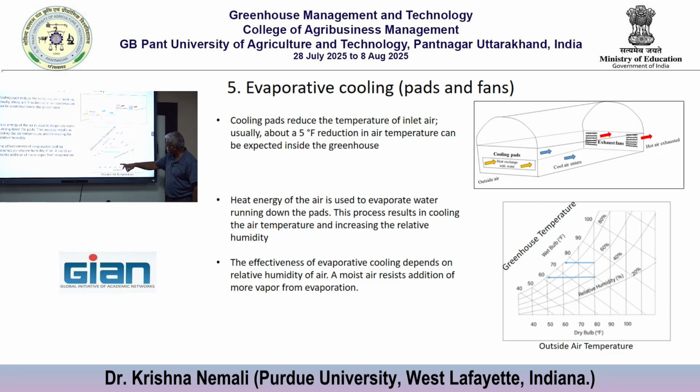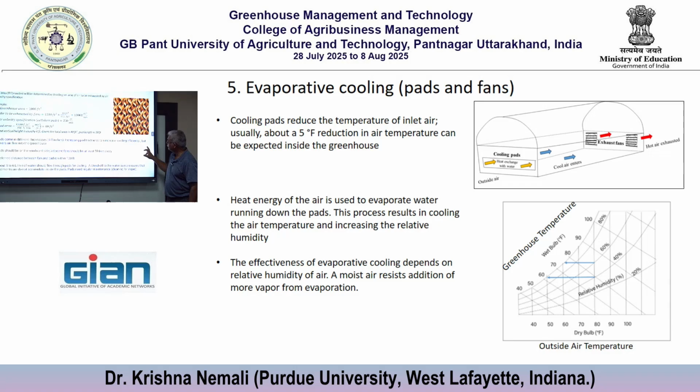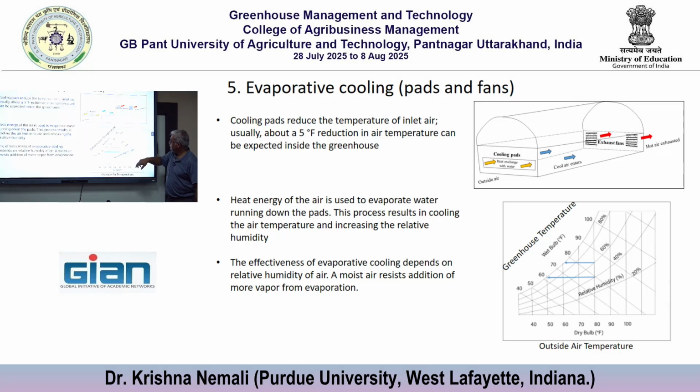But let's say the same air, outside is at 80, but the humidity is 60% now, the inside temperature is going to be 70 degrees, not 60. So it is not just dependent on outside air, it's also dependent on relative humidity. The more humidity, the less control of temperature, the less reduction in temperature.